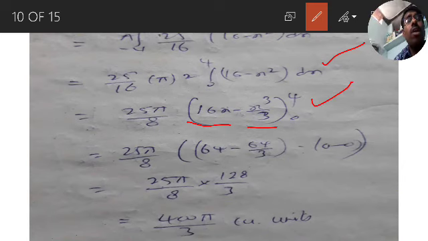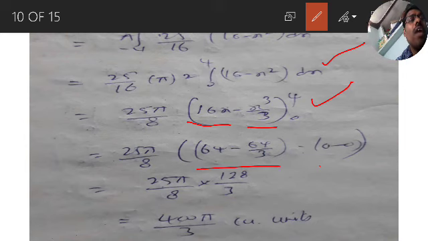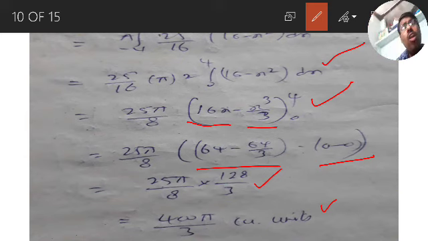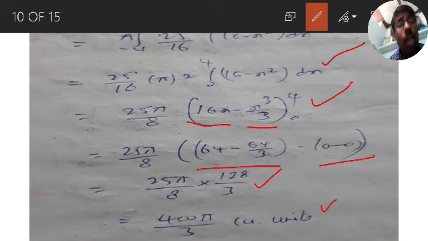Upper limit minus lower limit: the upper limit gives 64 minus 64 by 3, and the lower limit is 0. So 3 times 64 minus 64 is 2 times, that is 128 by 3, and 8 16s, 16 into 25 is 400. So the answer is: the volume of the solid by revolving the ellipse is 400 pi by 3 cubic units.